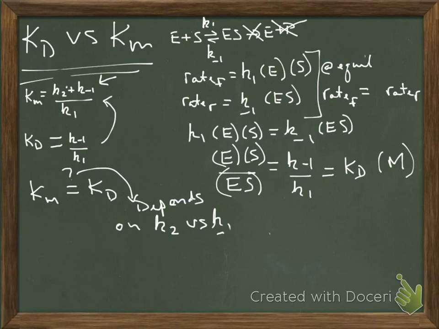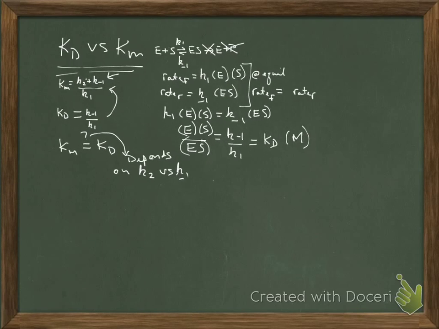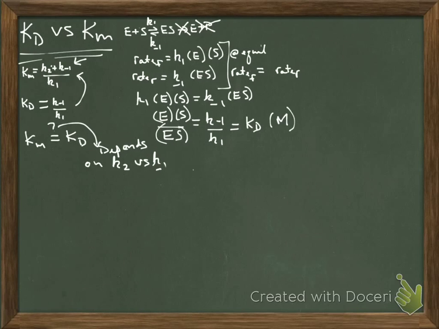And so again, if we take limits, and then we'll stop here, those limits can be K2 is big compared to K minus 1, or K2 can be small compared to K minus 1.